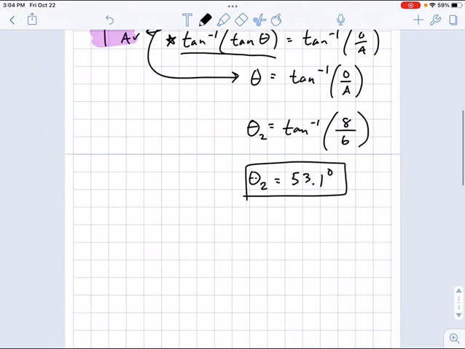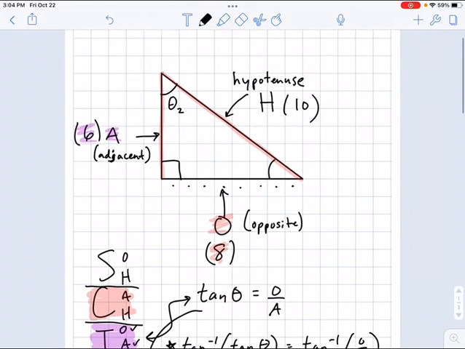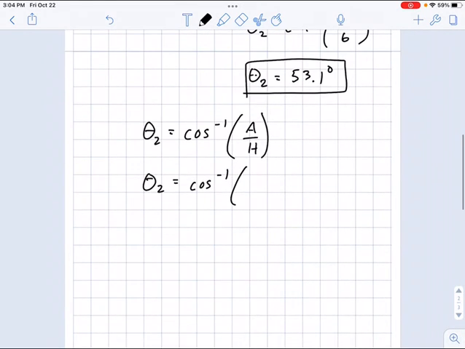Absolutely. So we could have said theta 2 is equal to inverse cosine of, now cosine uses adjacent over hypotenuse. I have to use SOHCAHTOA all the time. So it's a very useful acronym. So let's substitute: theta 2 equals inverse cosine of the adjacent side 6 divided by the hypotenuse 10.